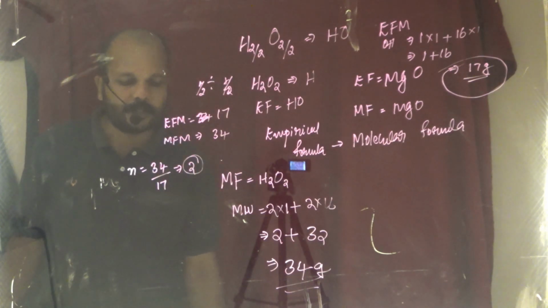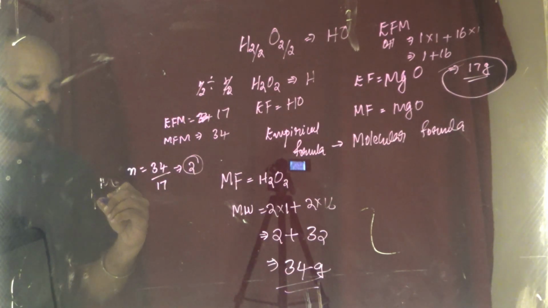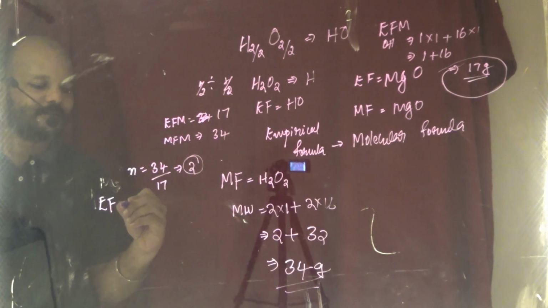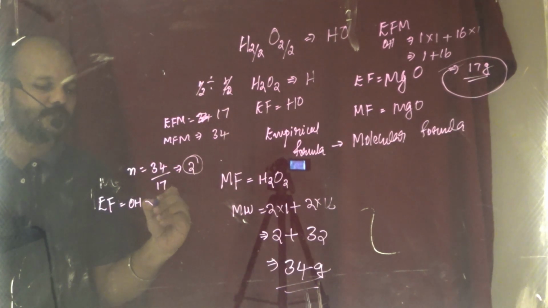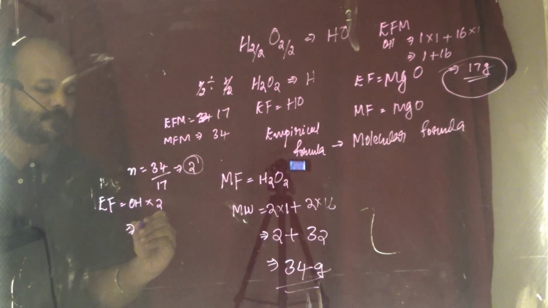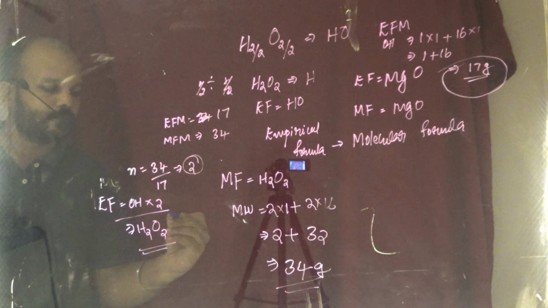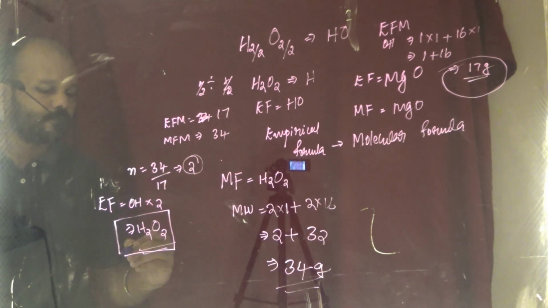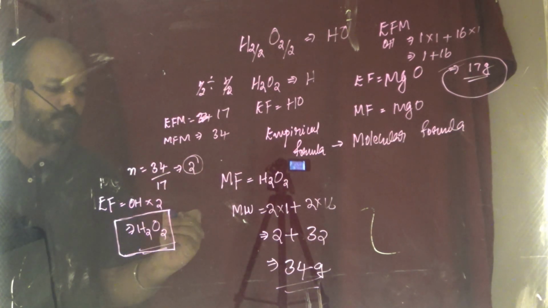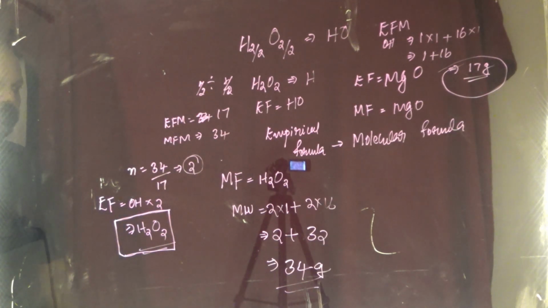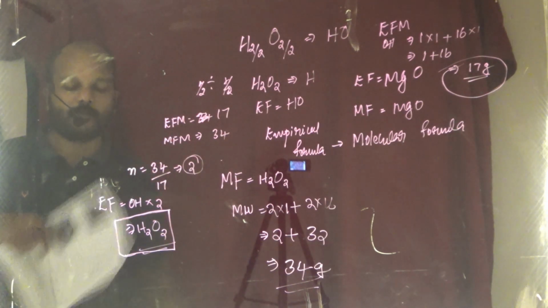Now you already know the empirical formula is OH, so multiplied by 2, you will get H2O2. This is the empirical formula mass.